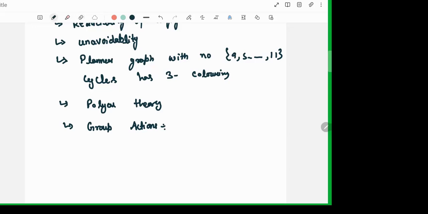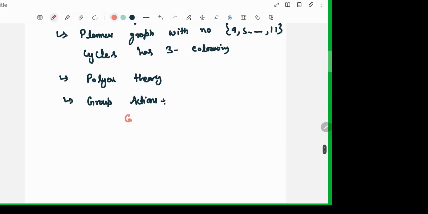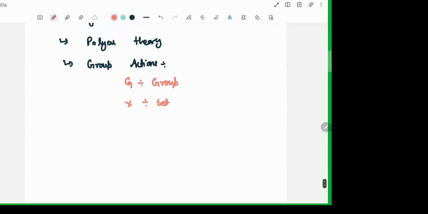Suppose G is a group and X is a set. Are you familiar with the definition of a group, or do I need to give it? Yes, I know the definition. Okay. So G is a group, X is a set.